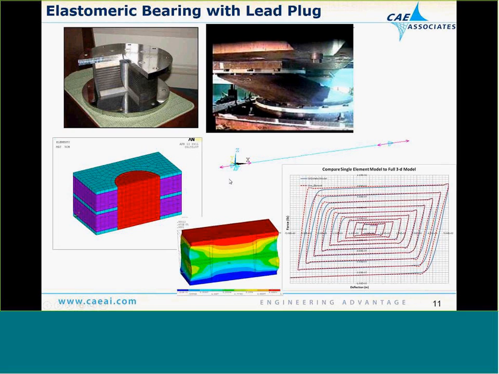In this case, a single element model is created with a nonlinear plastic stress strain response, and both models accurately predict the hysteresis energy absorbing behavior that occurs with this kind of elastomeric bearing.